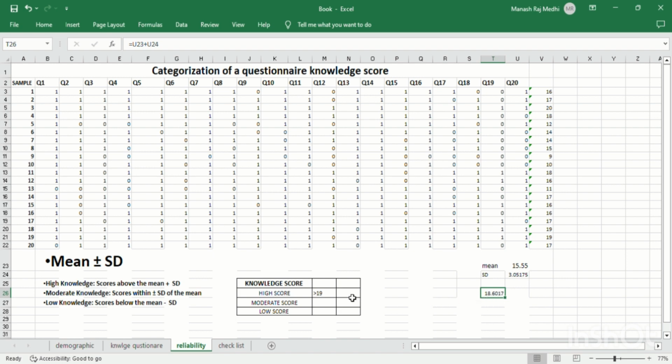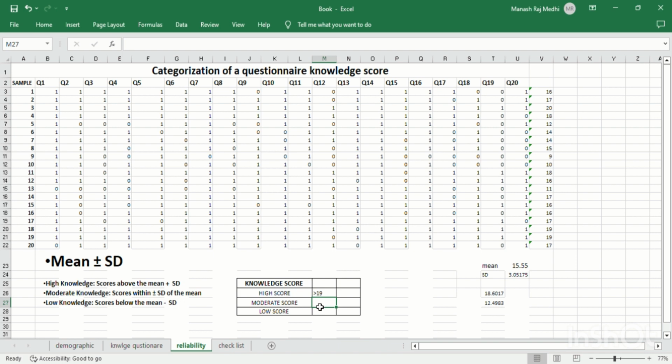Now this time we have to subtract the SD value from the mean. So let's do that. Click on a new box. Suppose this is our mean. Then you have to give minus. Then you click on SD, enter. So we got this. This will be the lower score, and this will be the upper score of the moderate category.